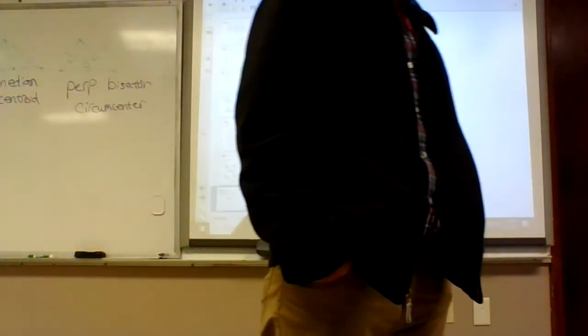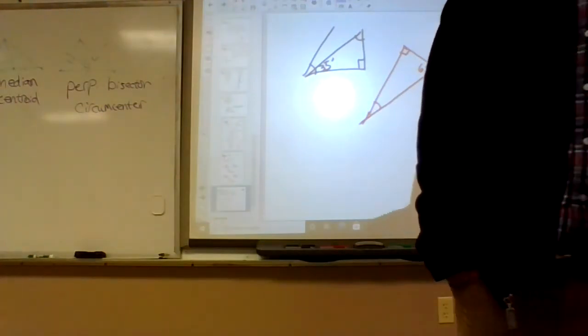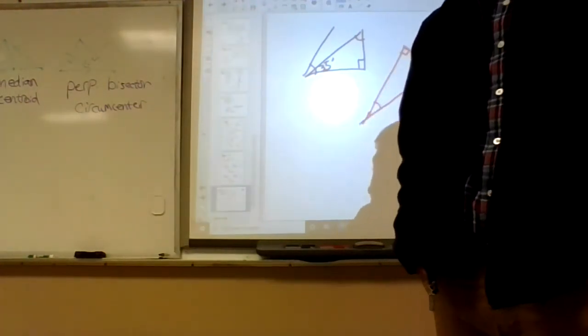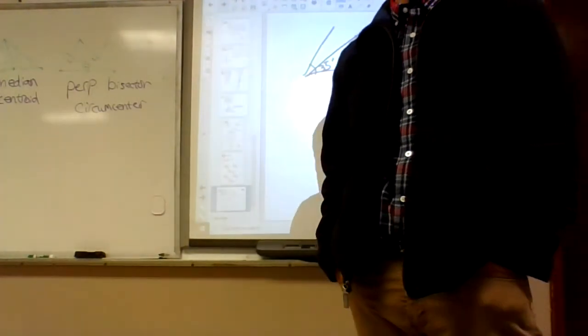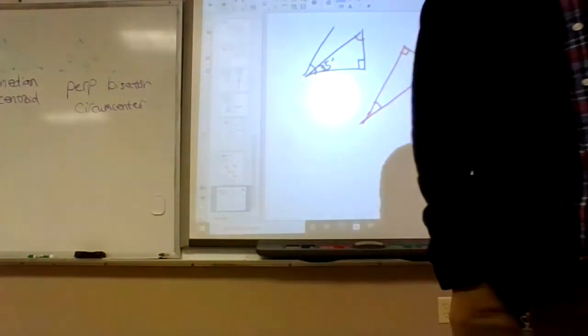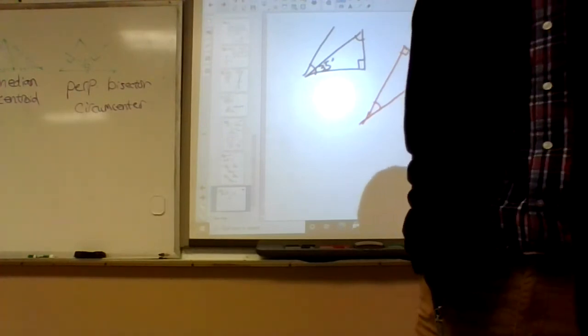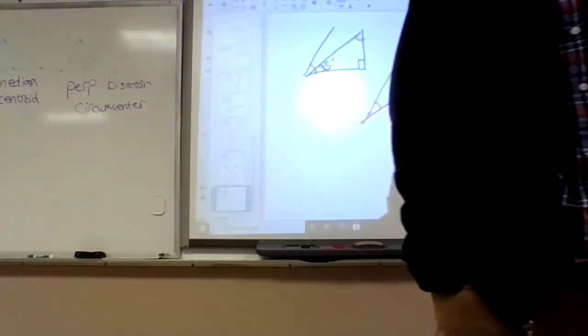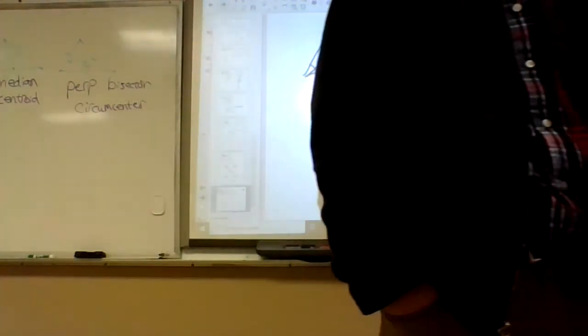Since D is the in-center, comma, CD must be an angle bisector.